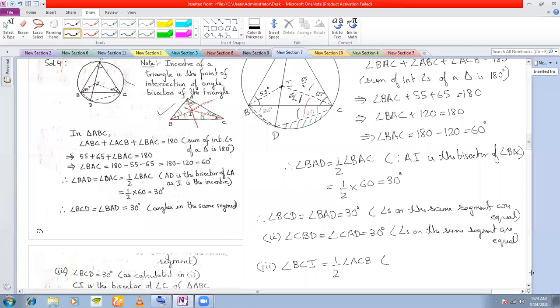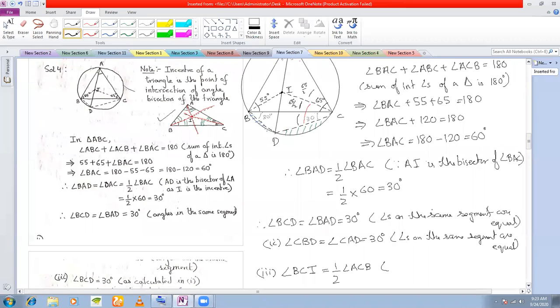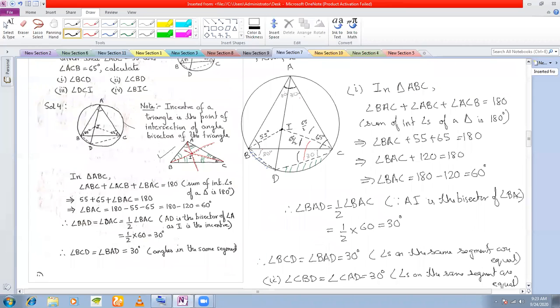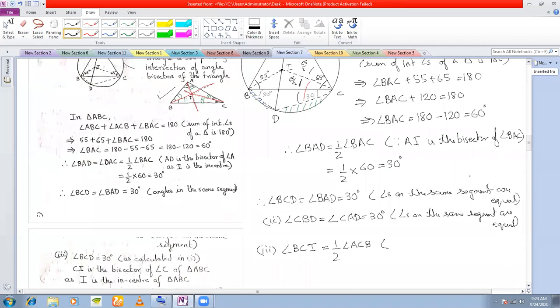So BCI is half of angle ACB, half of the entire angle C actually. ACB, I'm referring to angle C. So half of angle ACB, and the reason is CI is the bisector of angle ACB.